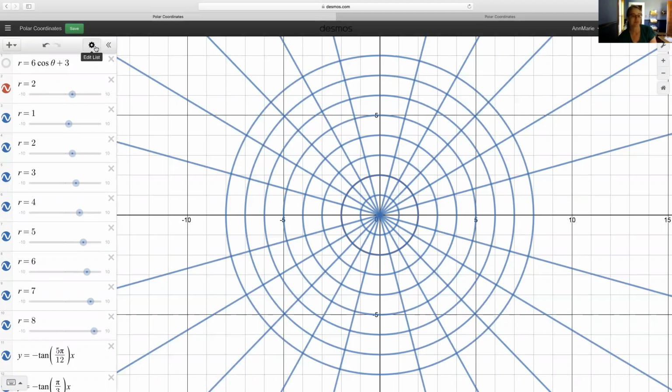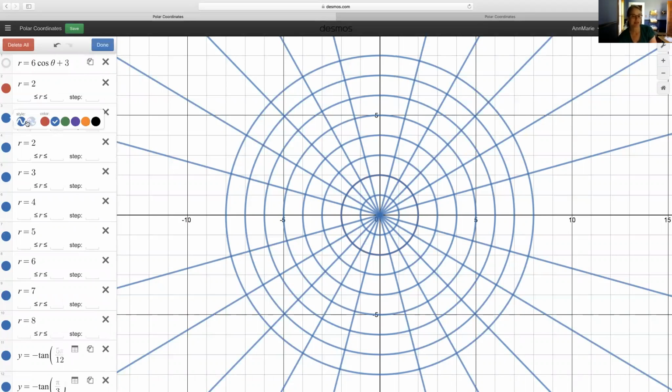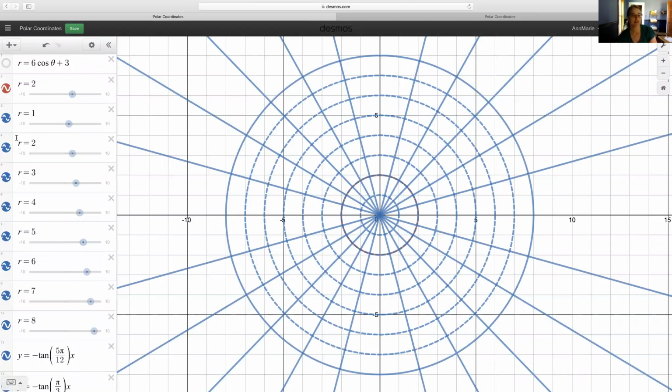Let me play with this for a second. Let me make these dotted so that this shows up better. There we go. If I put this one there, now it's on top. Okay.